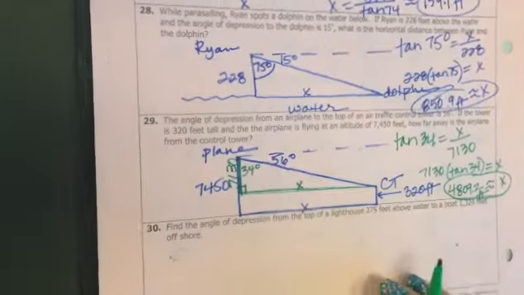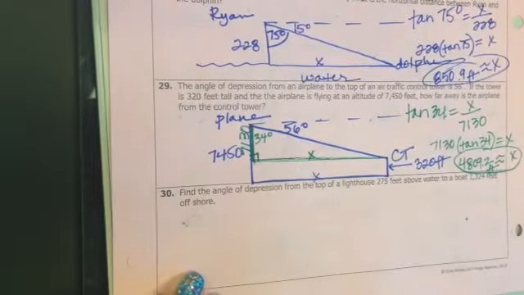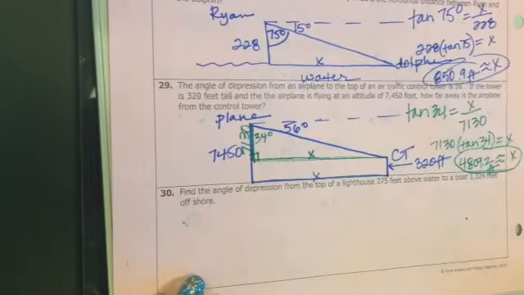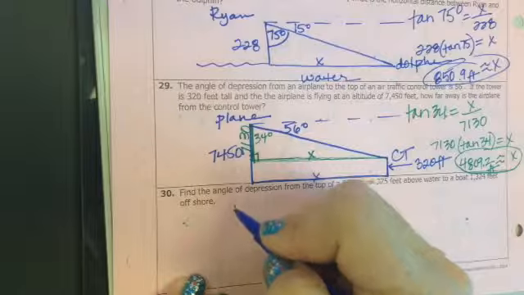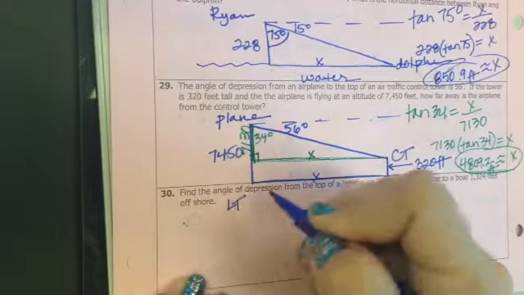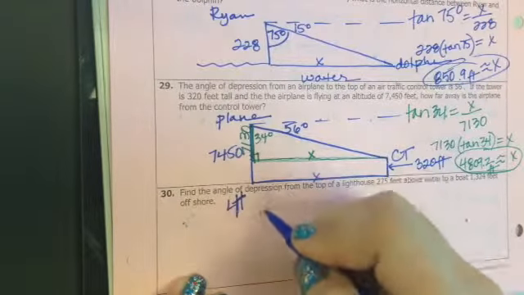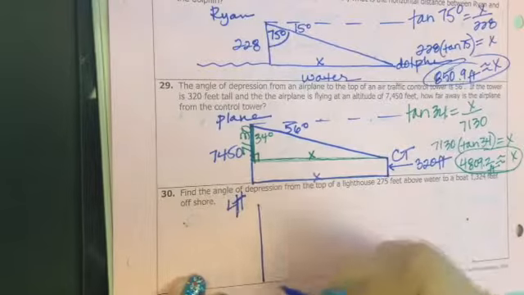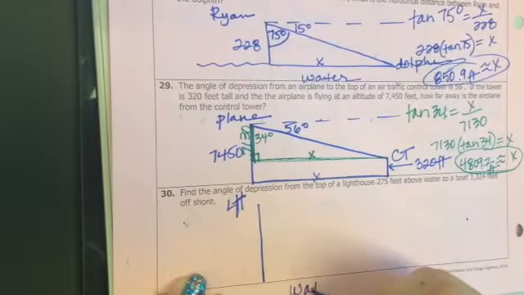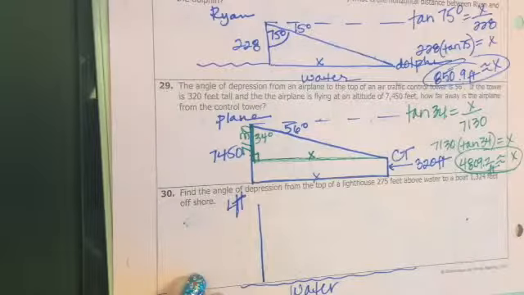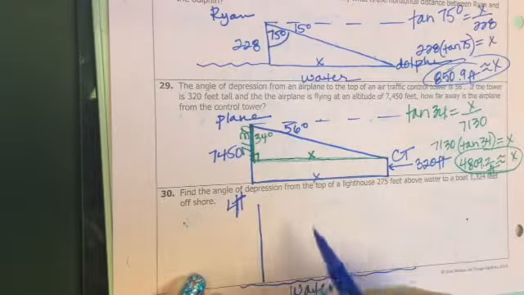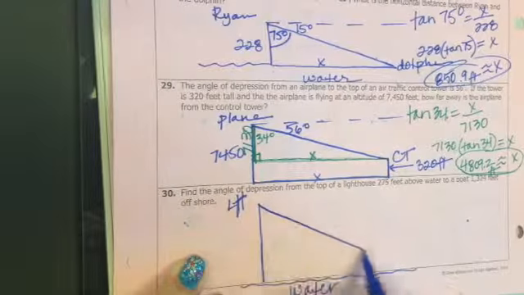Now, last problem, lighthouse: angle of depression from the top of a lighthouse, 275 feet above water, to a boat. All right, so here's the top of my lighthouse. Lighthouse, there we go, LH. Let's say that this is the water line. We know that there is a boat somewhere over here.